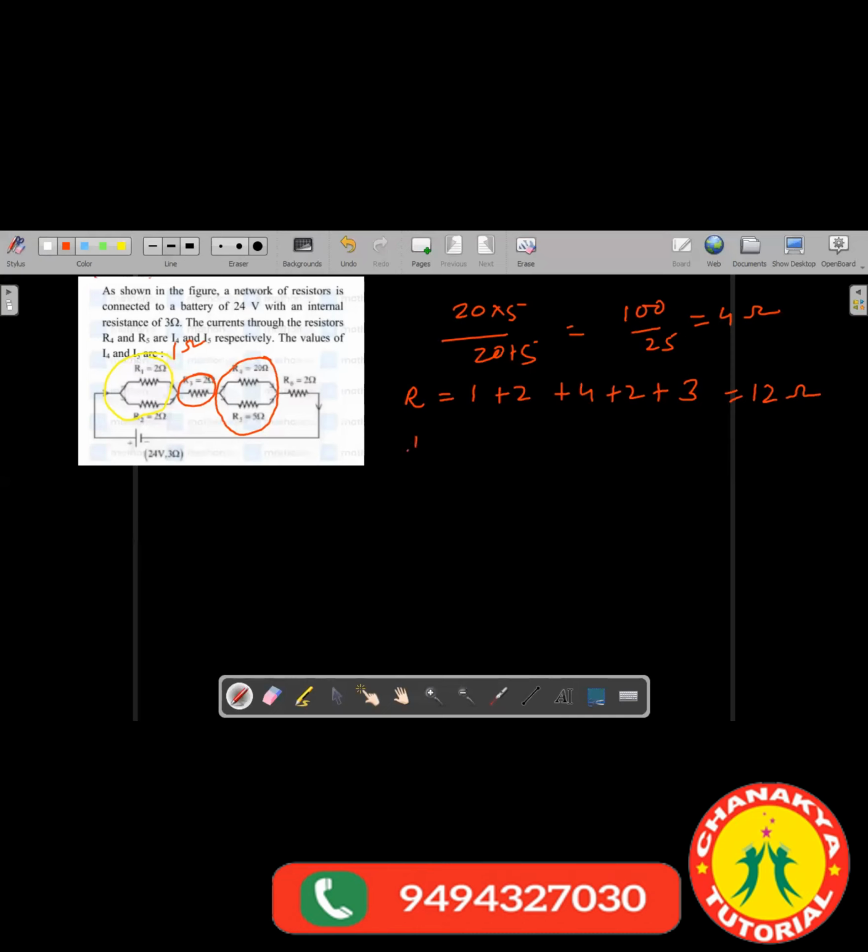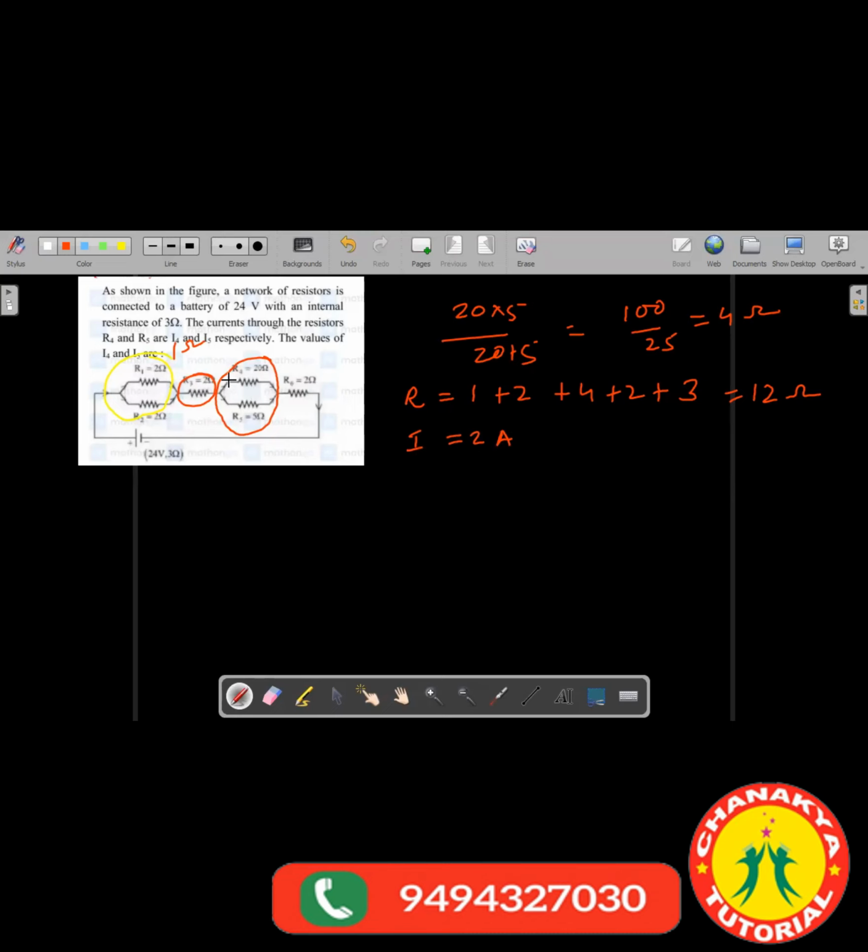What should be the total current drawn from the battery? Sir, is it 2 ampere? Yeah, so the total current would be 2 ampere. We know here the total current as 2 ampere.